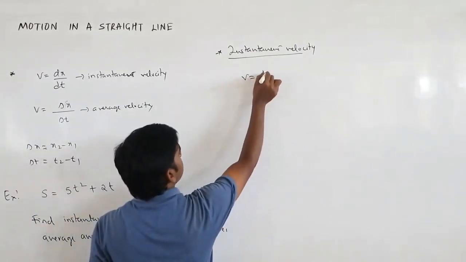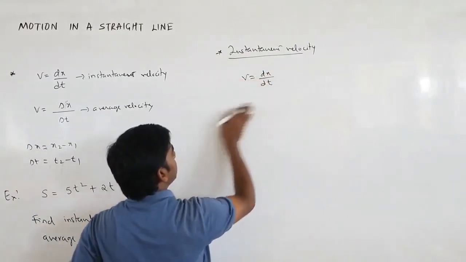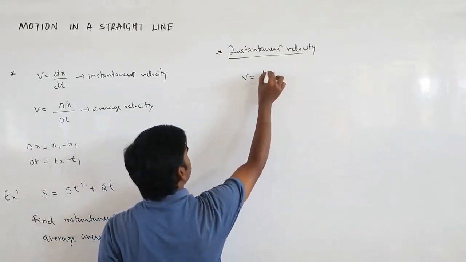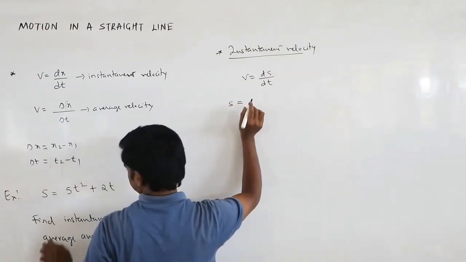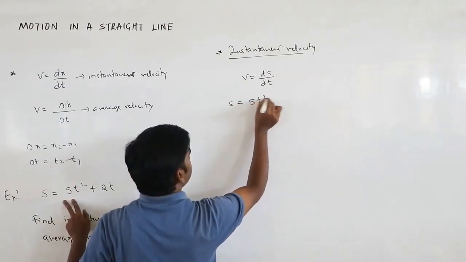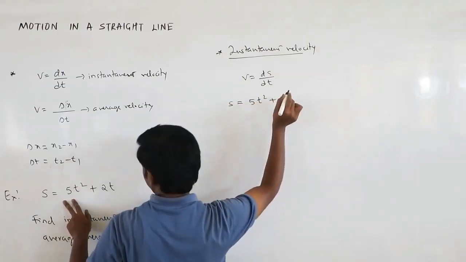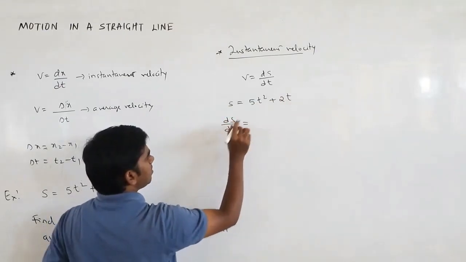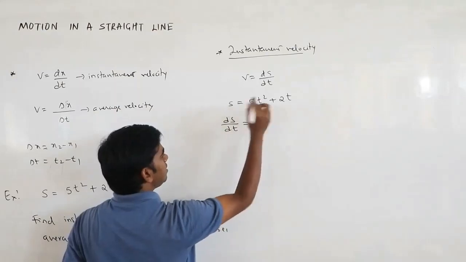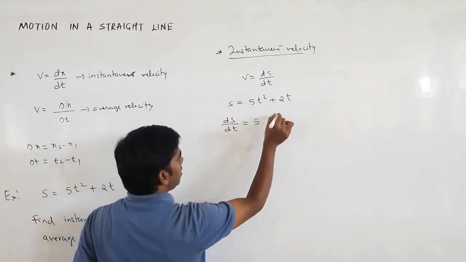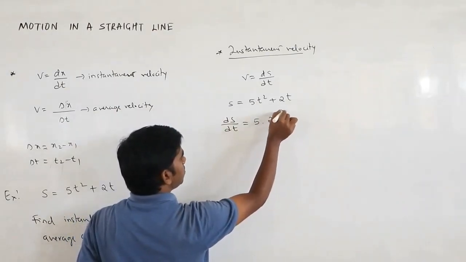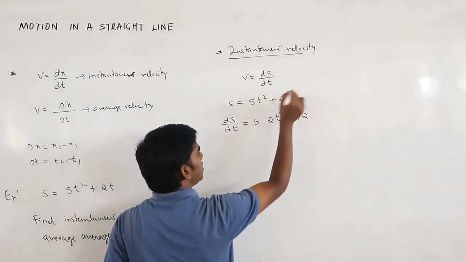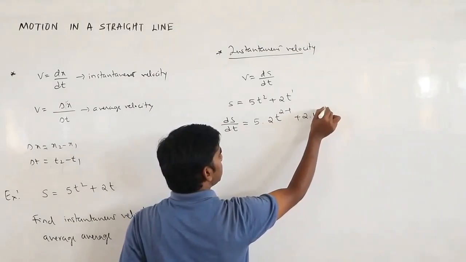v equals ds by dt. So x or s, what are they given? They are given 5t square plus 2t. So ds by dt is 5 into 2 into t raised to 2 minus 1, plus 2 into 1 into t raised to 1 minus 1.